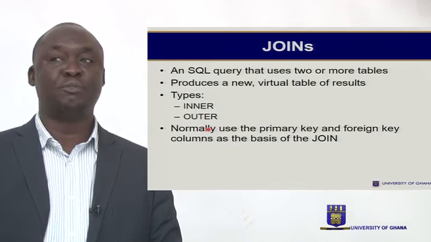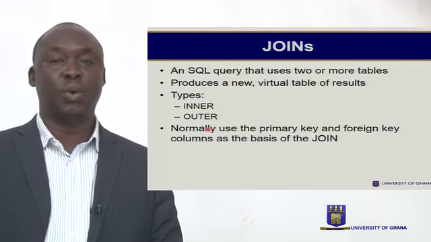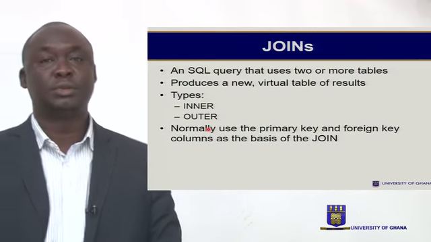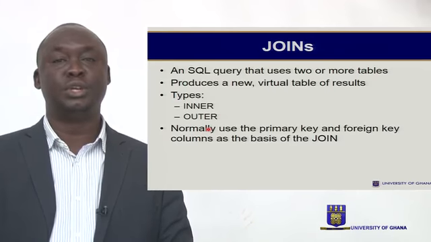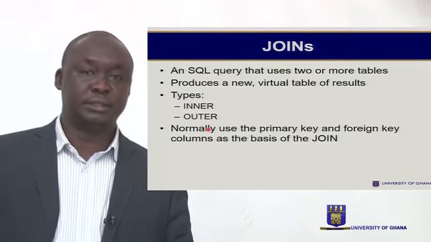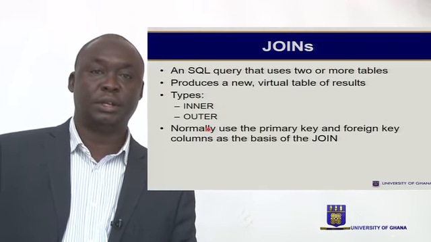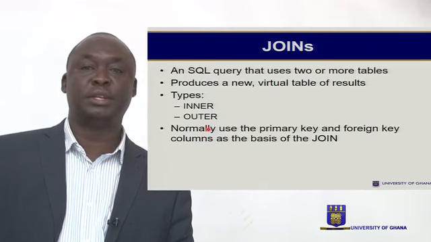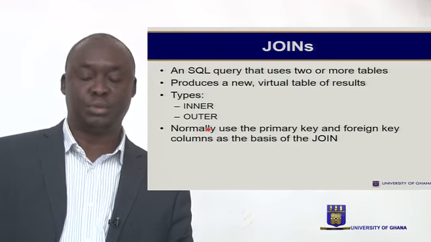Joins allow us to efficiently query data from more than one table. An SQL query that uses two or more tables produces a new virtual table of results. We have two types of joins. We have inner join and outer joins. Normally, we use the primary key and foreign key columns as the basis to join two tables.